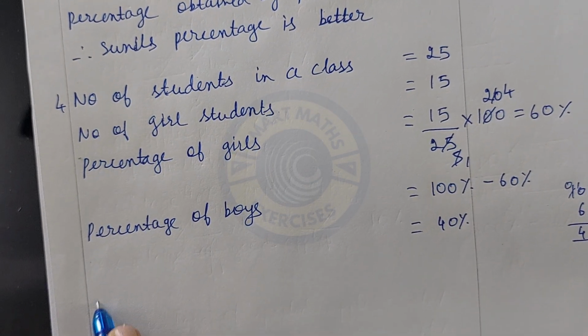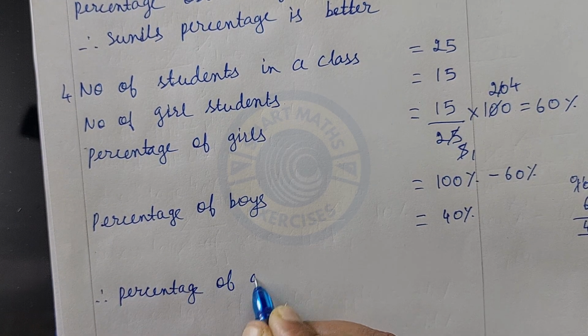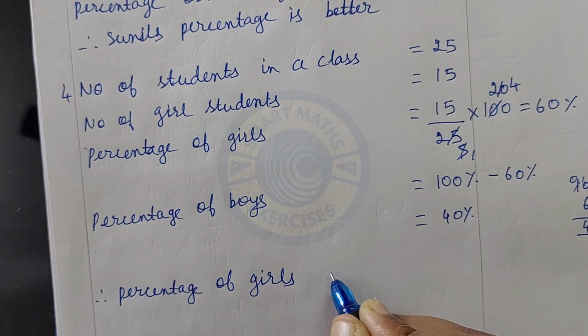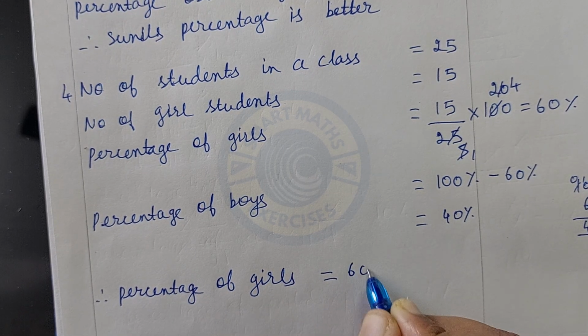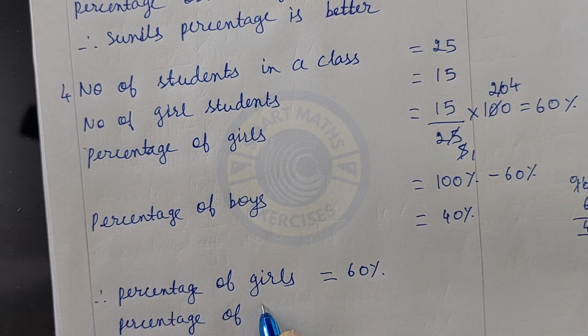Therefore, percentage of girls is equals to 60%. Percentage of boys is equals to 40%.